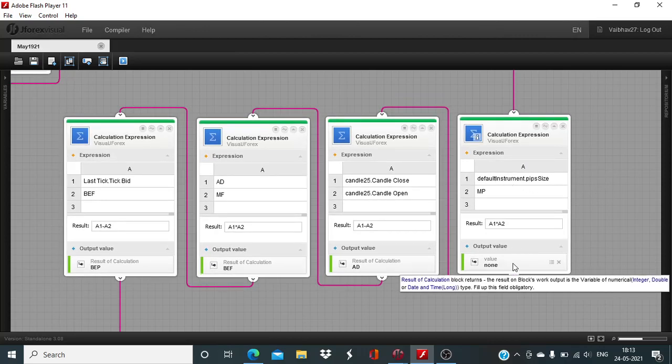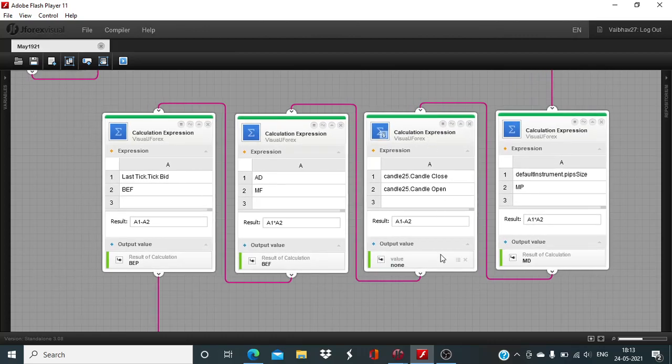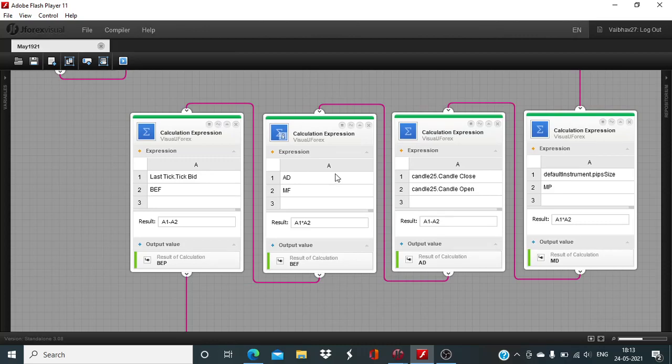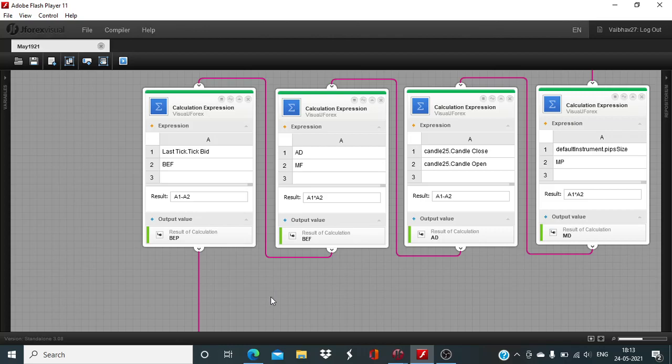So this 6 pips value will be compared to the actual price difference of the last hour's closing and opening value, and using this difference another calculation was done to get 30% of the prior calculation, and deduct that value from the last tick bid to arrive at the appropriate execution price for the buy side trade.